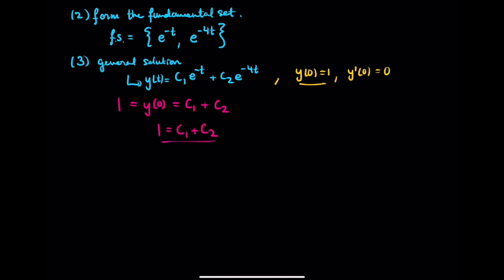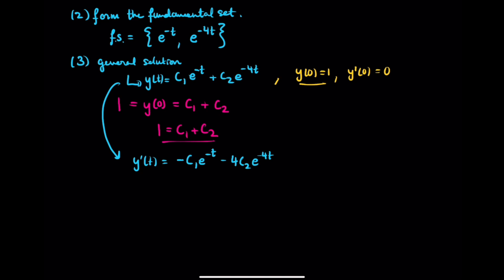Then you want to take the derivative, y prime(t). That's going to be minus c1 e to the minus t minus 4 c2 e to the minus 4t.